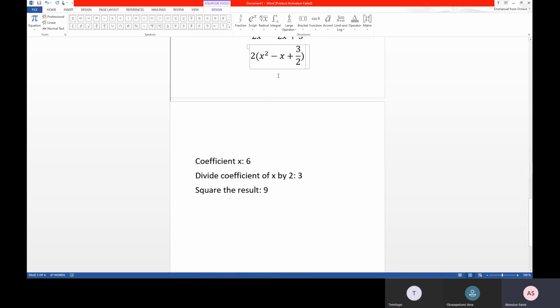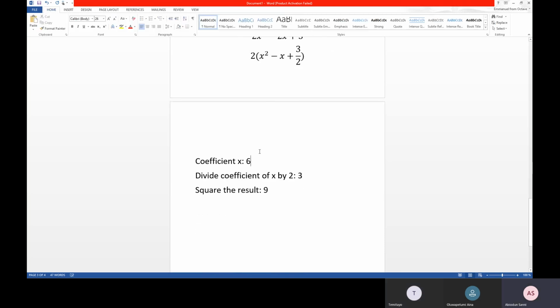Since the coefficient of x squared is now 1, what's the coefficient of x? What's the coefficient of x? Minus 1. Is that not it? So I'll put minus 1 here.